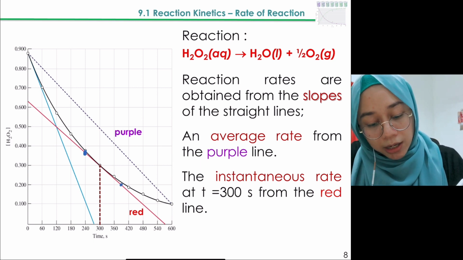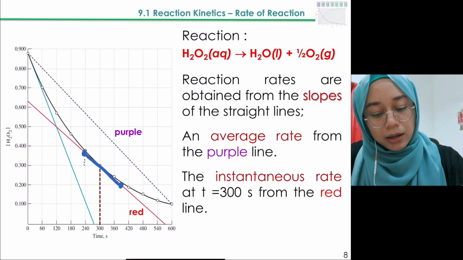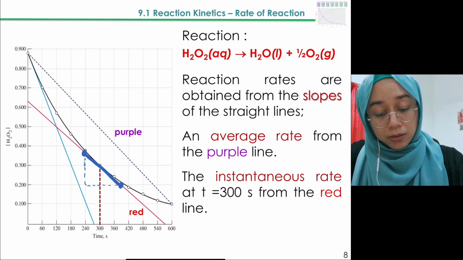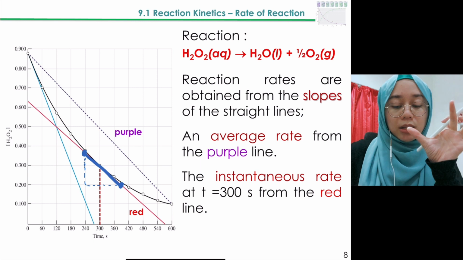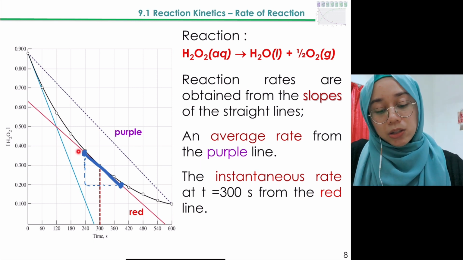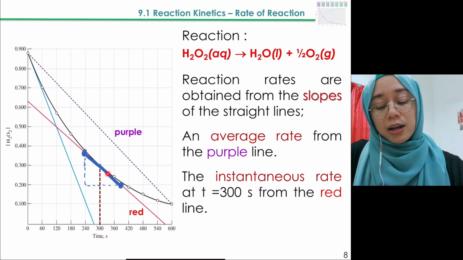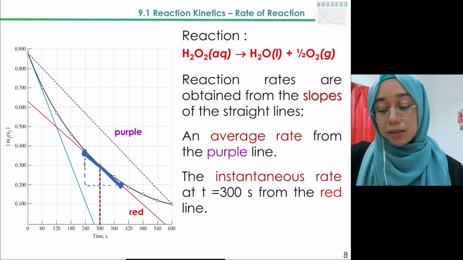And then Miss akan buat line kat sini. Lepas tu basically kita akan kira lah kan slope ni berapa, dia punya tangent berapa. Okay, so kita akan tengok ni nanti. Sekejap. Okay, kamu akan tengok point kat situ. So that particular yang Miss baru lukis ni tadi, so itu ada instantaneous rate. Okay, instantaneous rate at time 300 second.